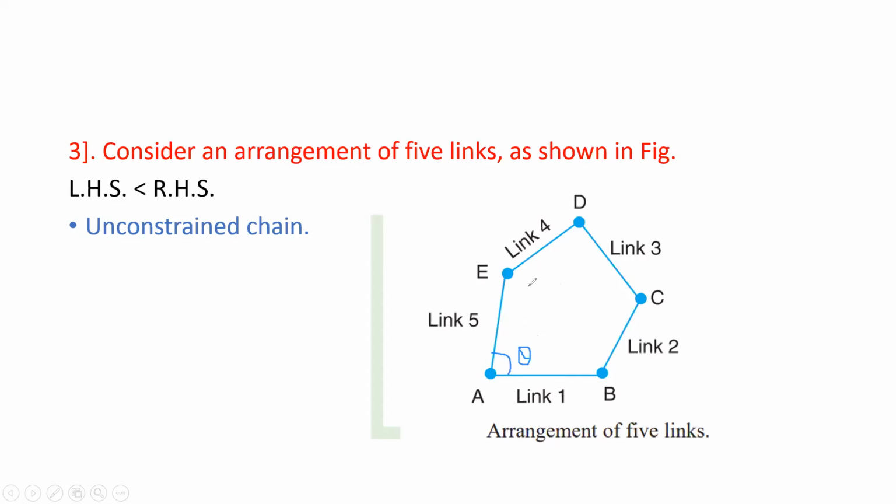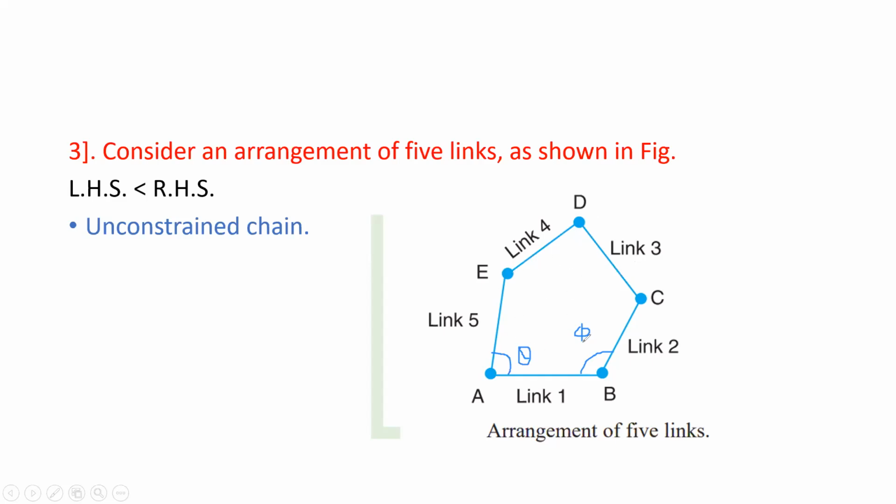So you will say that we want one more variable. Suppose you give me this angle also, the angle between link 1 and link 2, phi, then I can easily locate link 3 and link 4.